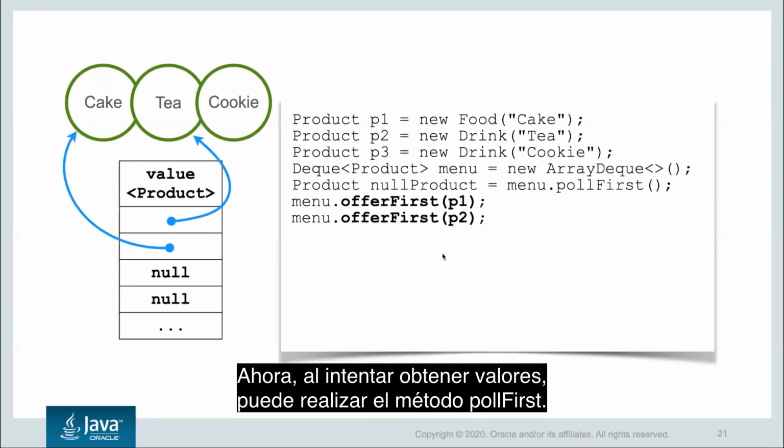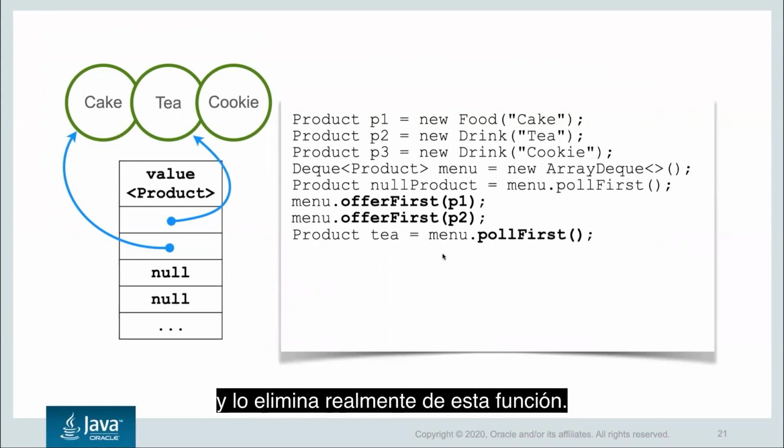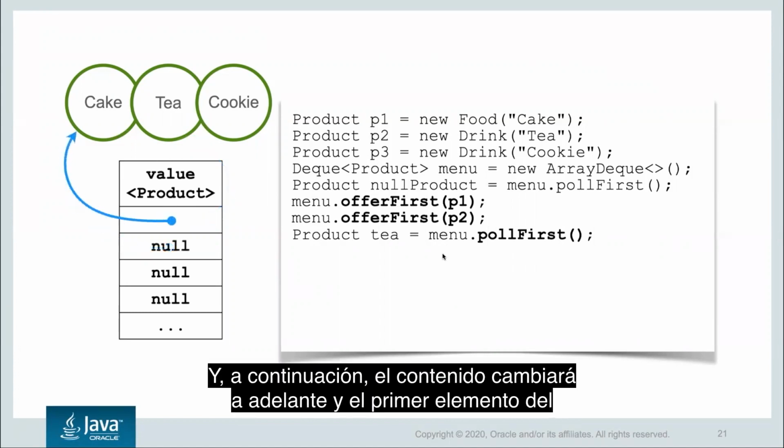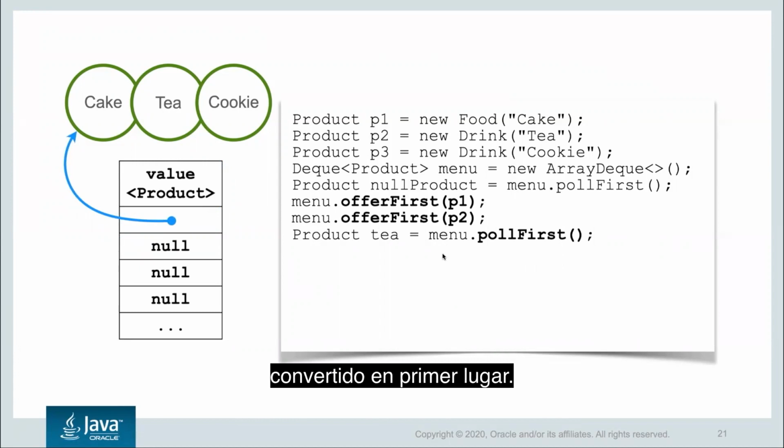Now, when you then try to get values, you can do the poll first. It gets the first element from the head of the deck and actually removes it from the deck. So that will be gone, and then the contents will shift forward, and whichever element was previously second will become first.